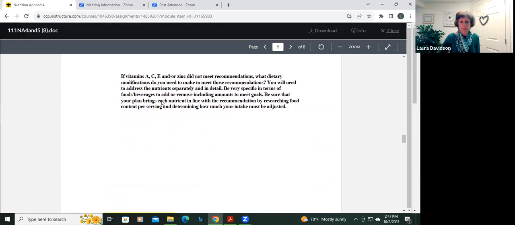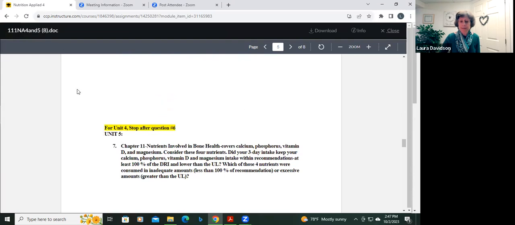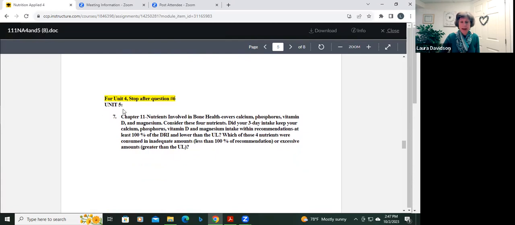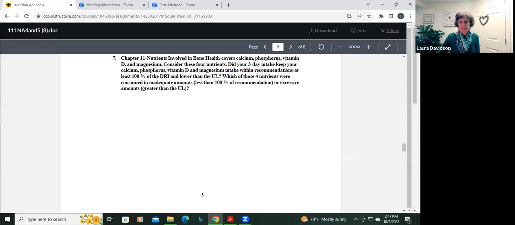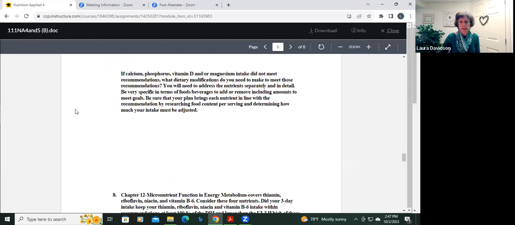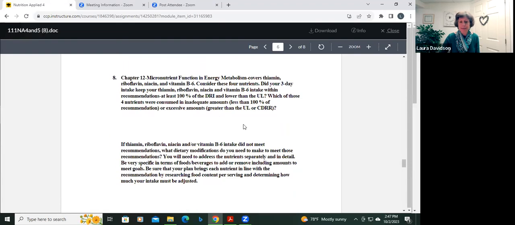And then you have another question here for the next chapter. But notice then you stop. For Unit 4, you stop after question 6 and you submit your work. You'll come back in Unit 5 on this same document that's half filled in, and you'll continue. And you'll see that you'll get it because the pattern is the same.